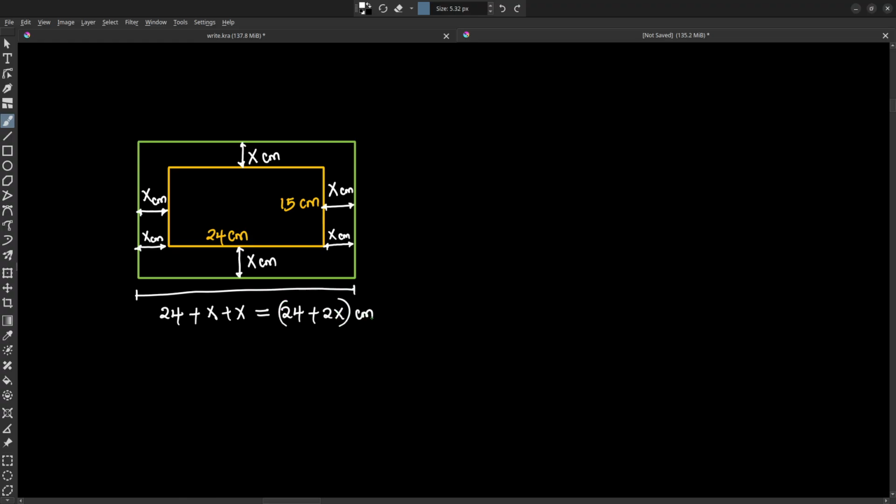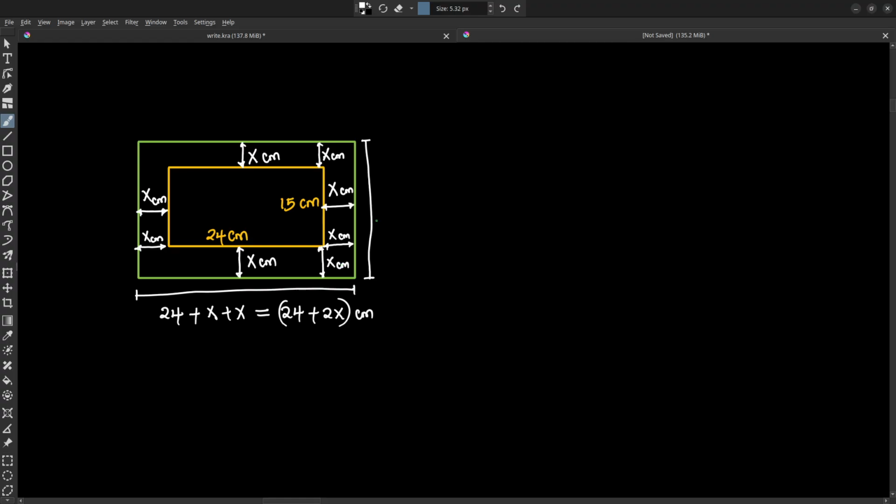Okay, let's take a look at this width. How do we get the width of the frame? We need to take what we know. From here to here, that's 15 centimeters. We need to add this side, but since the width is uniform, this is also x centimeters, and this other side is also x centimeters.